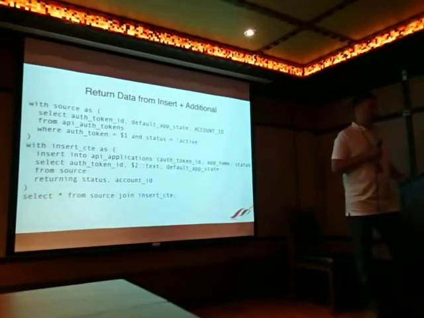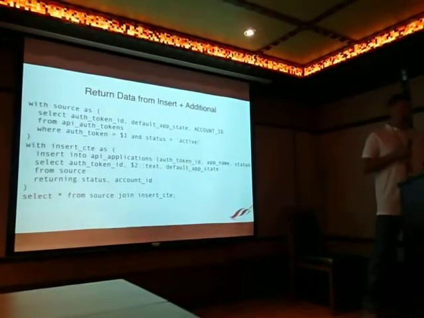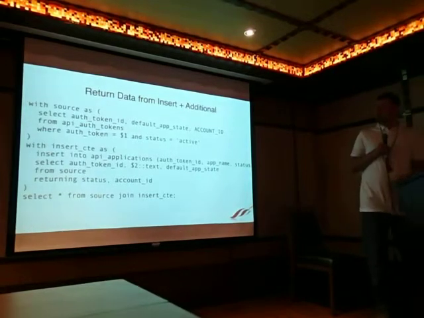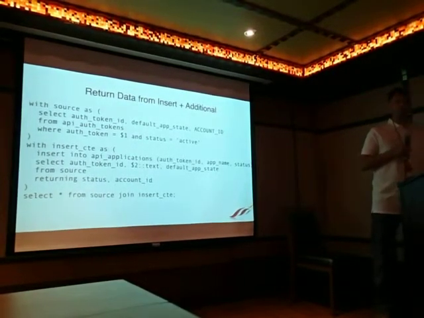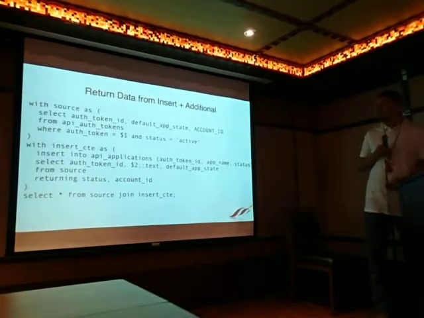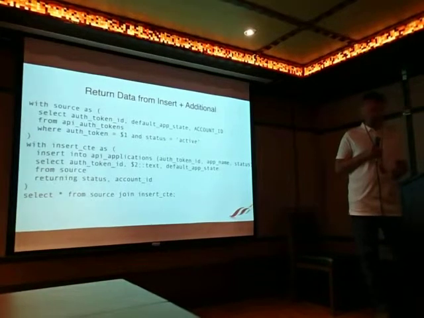I kind of blew through all my stuff, so I do have a little bit of extra time, so I'll go through two other cool tricks that you can do with CTEs. This would be return. We talked about earlier how you can only return data from the row that you just updated. This was an item that we needed to do for one of our partners that does Circonus monitoring.